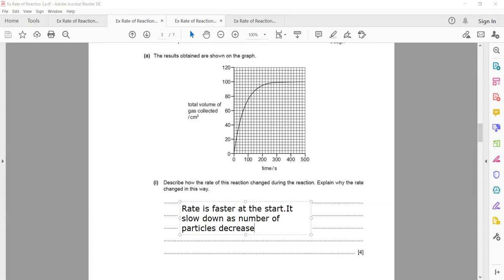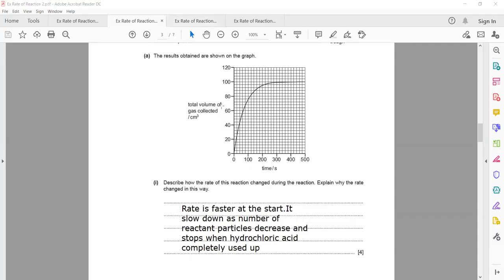The number of reactant particles decreases, and the reaction stops when the hydrochloric acid is completely used up. So the reaction is faster at the start, and it slows down as the number of particles decreases, and eventually all of the hydrochloric acid is used up.